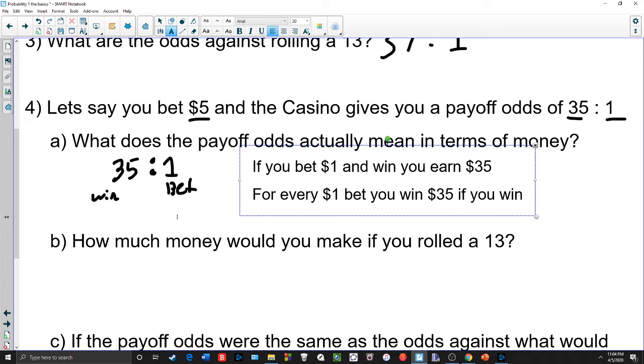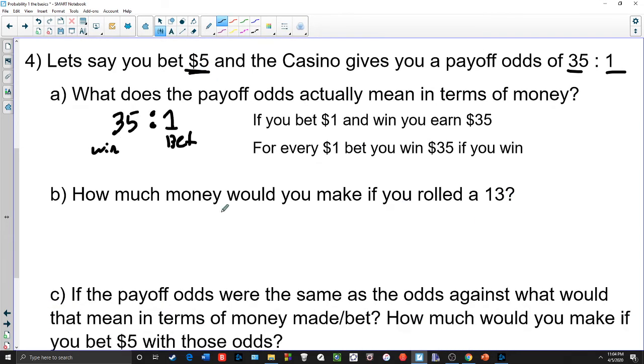So that's how you think about payoff odds: the amount of money you earn for the amount of money you bet. $35 for every $1. So how much money would you make if you rolled a 13? Let's say you're betting $5 and you roll a 13. The payoff odds are 35 to 1.